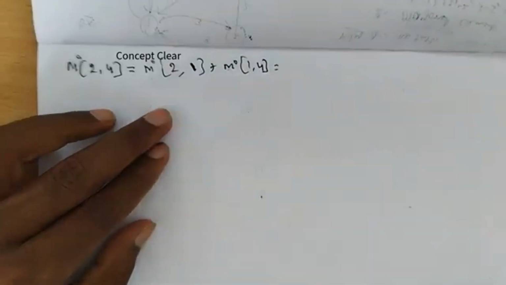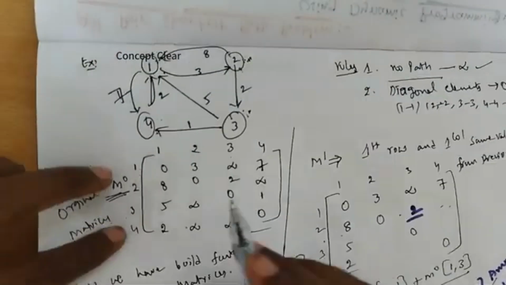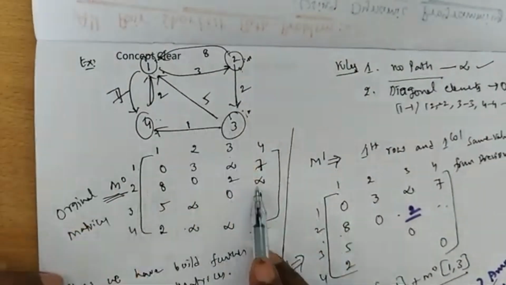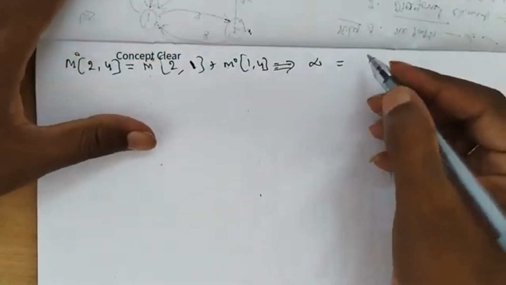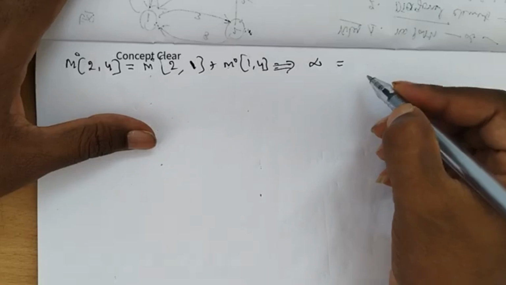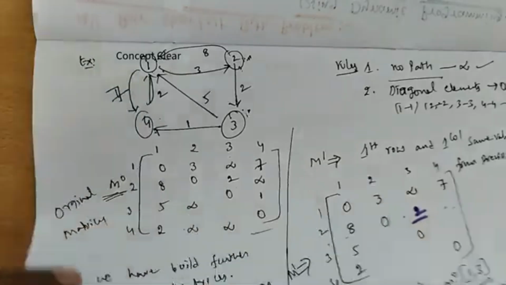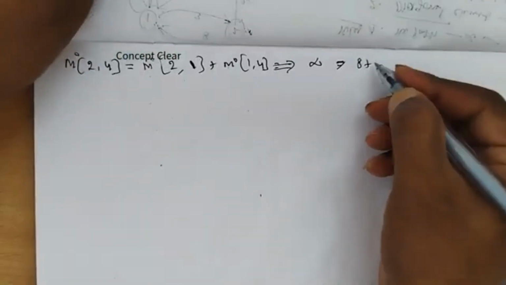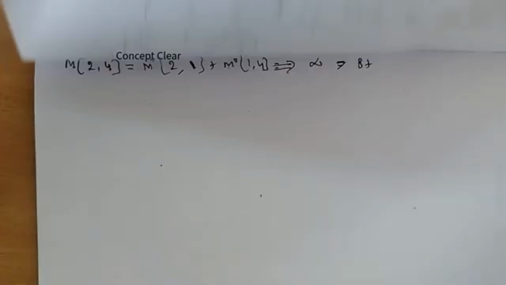What is the value, sir? Consider here, the left side value, the 2 to 4 value, is infinity. So infinity is greater than the 2 to 1 value, which is 8, plus here 1 to 4. The 1 to 4 value is 7.